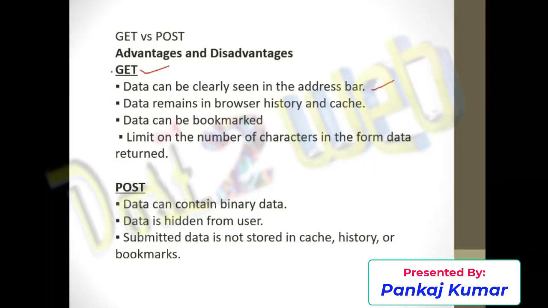But on the live production server, you should not use it. Second, data remains in the browser history and cache, and data can be bookmarked. There is also a limit on the number of characters in the form data.